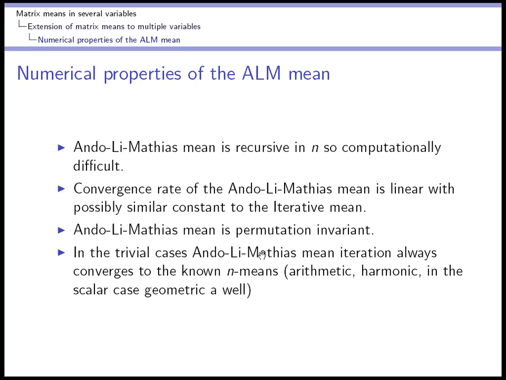In the other cases, it is also very likely to have at least linear convergence. The Ando-Li-Mathias mean is permutation invariant, which is a very good property. And we also have that in the trivial cases, we get back the corresponding n-means. So it is also a good definition.